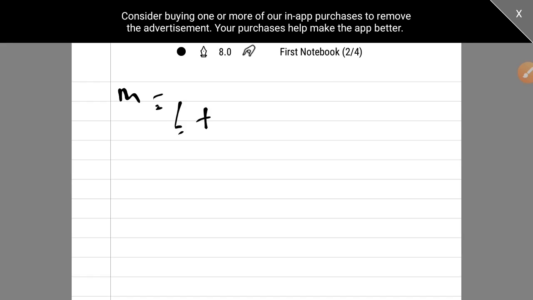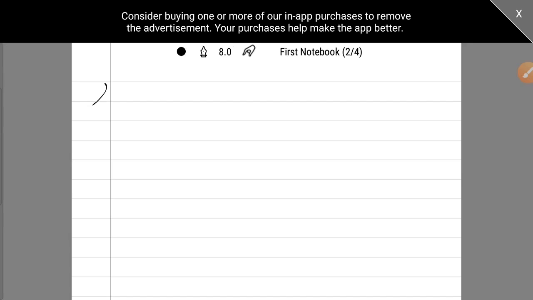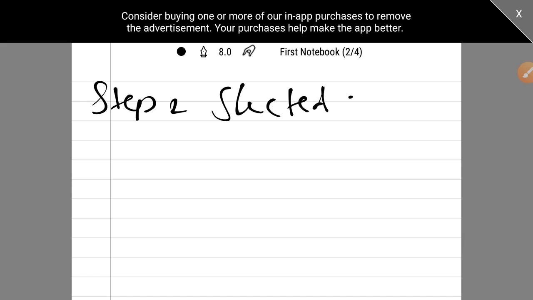First you have to find value of n upon 2th observation, then you have to select the class. After selecting the class, let's write stepwise. That was the first step you have done. Step 2 was to select the class. So I'll write step 2, selected class is 10 to 20. So this class is selected.